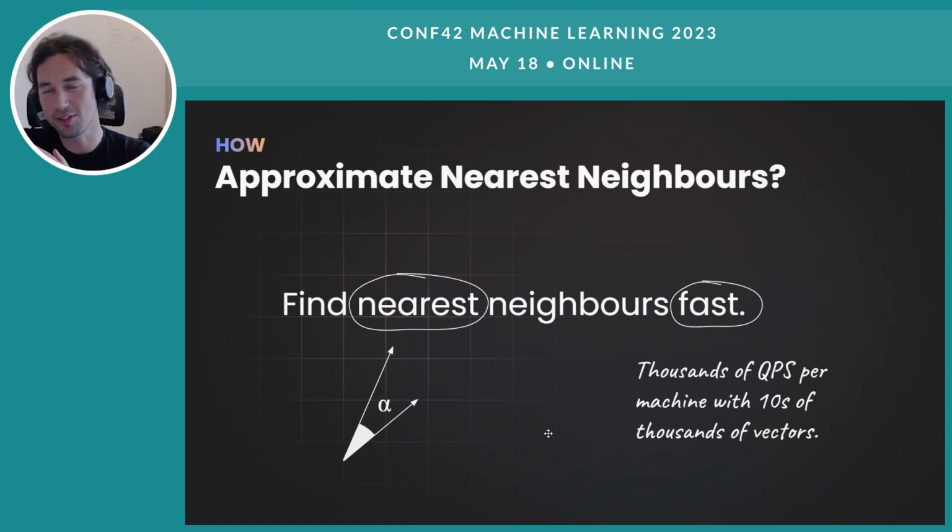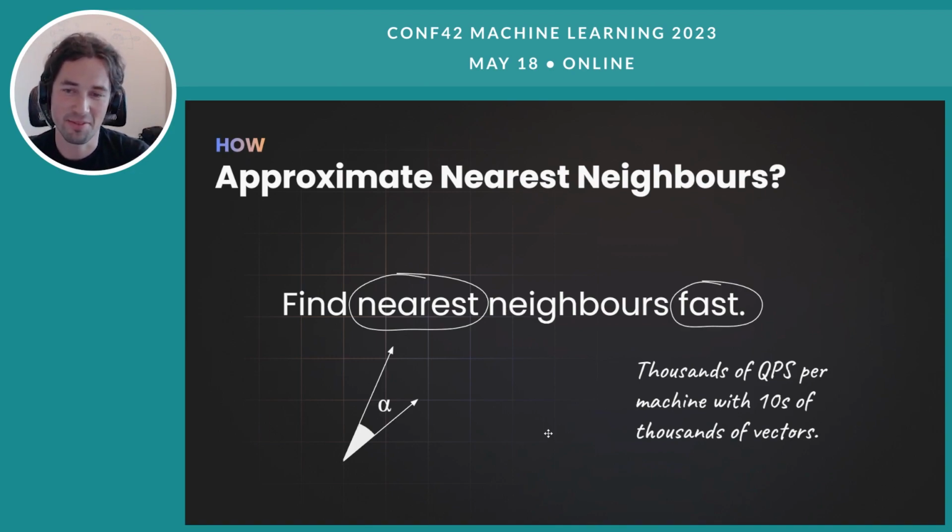So if there are two vectors pointing the same way and they just have different lengths, they should be considered the same. This translates into us using the angle between vectors as the distance measure, so let's say cosine similarity. That's what we mean by nearest.